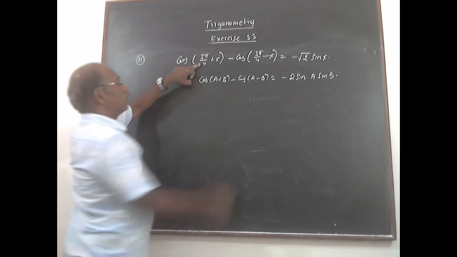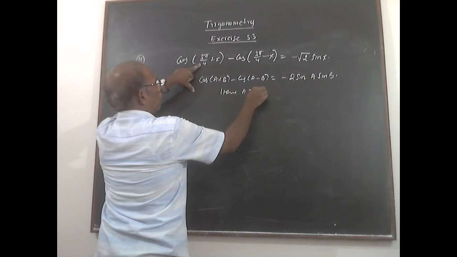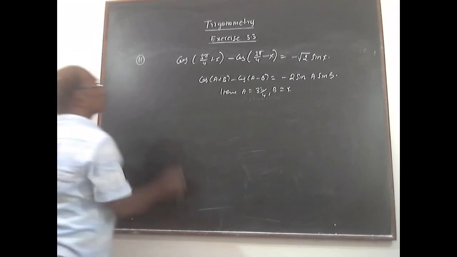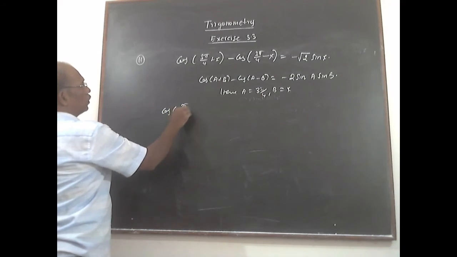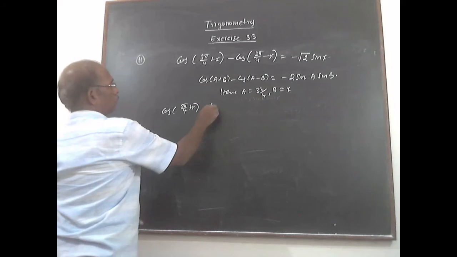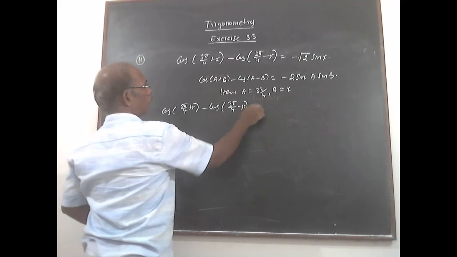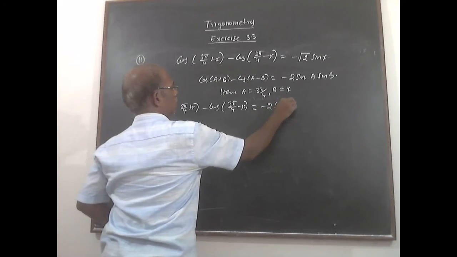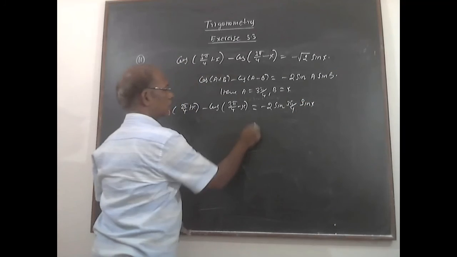And here a equals 3 pi by 4 and b equals x. Then cos of 3 pi by 4 plus x minus cos of 3 pi by 4 minus x equals minus 2 sin a, which is 3 pi by 4, and sin b, which is x.